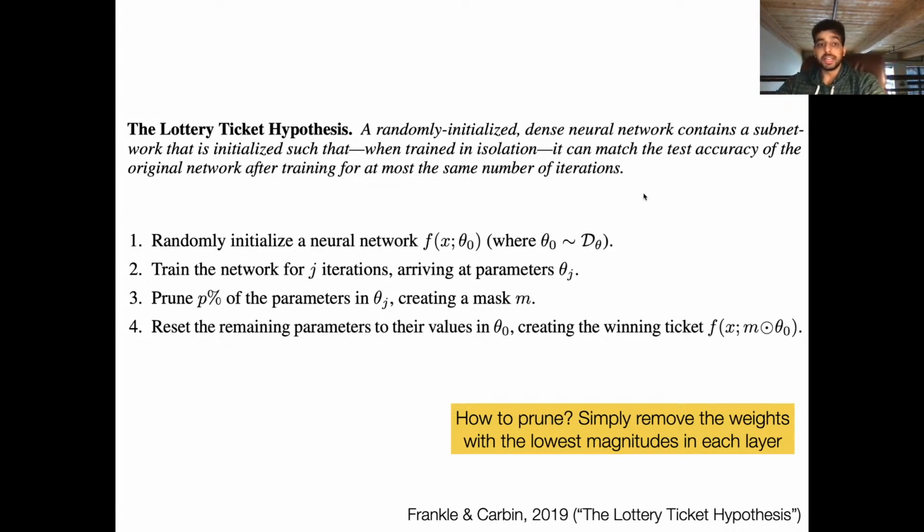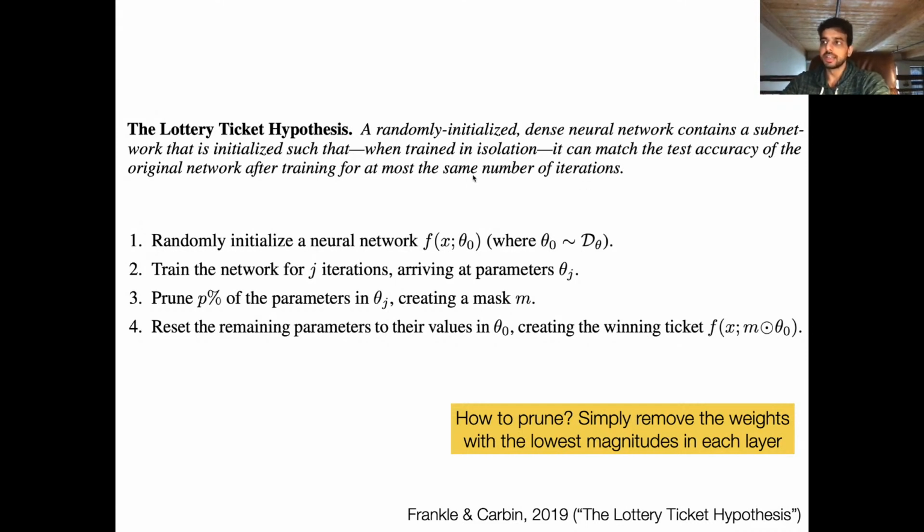So what this is saying is that if you take some huge network, there's some subset of the parameters of this network that can reach the same performance as that full huge network if you remove all of the other parameters and just train this new subnetwork from scratch.